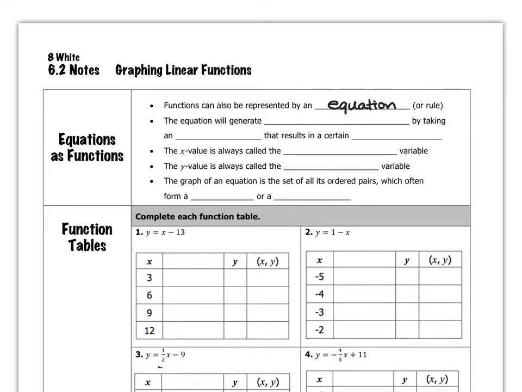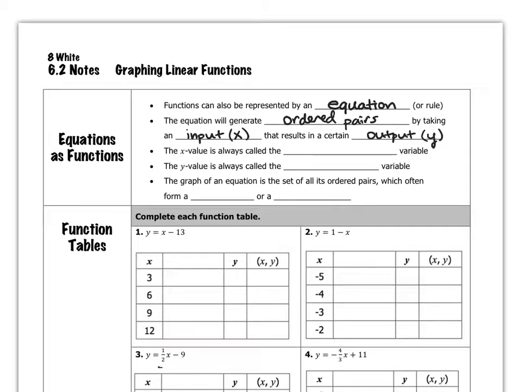The equation will generate ordered pairs by taking that input value, which is our x value, and results in a certain output value, and that output is the y value.